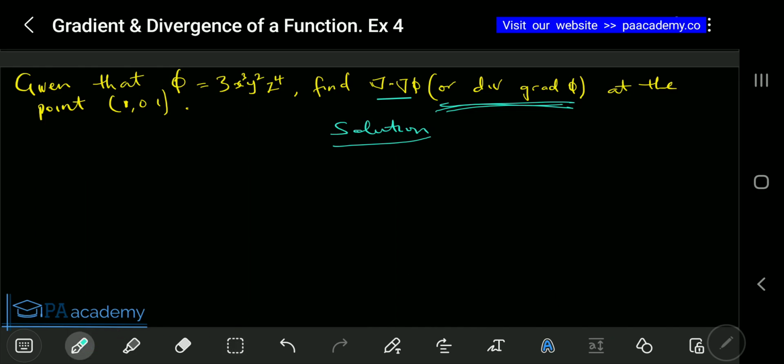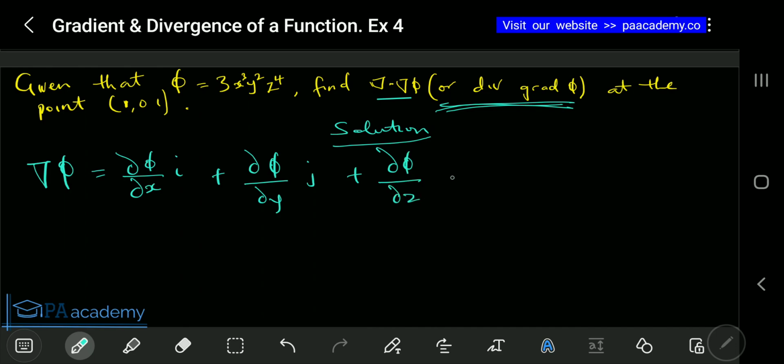All right, so let me also solve it from here. Like I said, the first thing we are going to calculate is the grad. And again, the formula for grad, I hope you still remember. It's the partial differential of phi over dx i, then plus partial differential of phi over partial differential of y j, plus then z and then k.